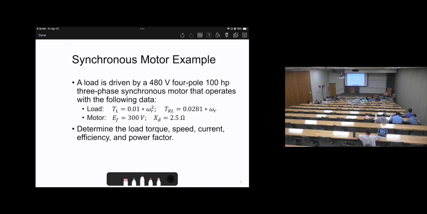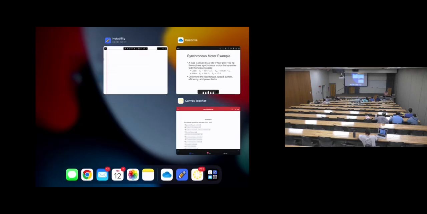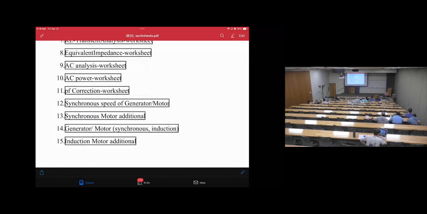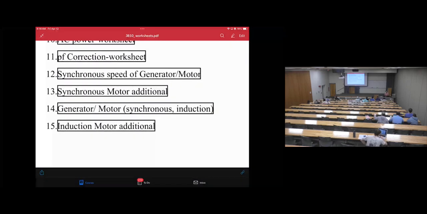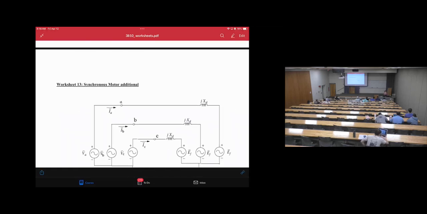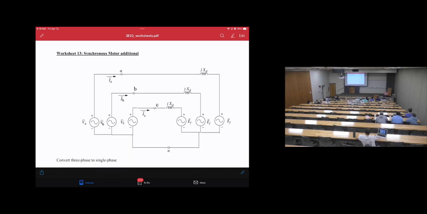Now, before going to the example, I would like to go to worksheets associated with the synchronous. So you can see worksheet number 13, Synchronous motor additional. So here's the analysis. Again, we are dealing with three-phase. In three-phase analysis, let's recall the last lecture when we modified the grid and the generator.